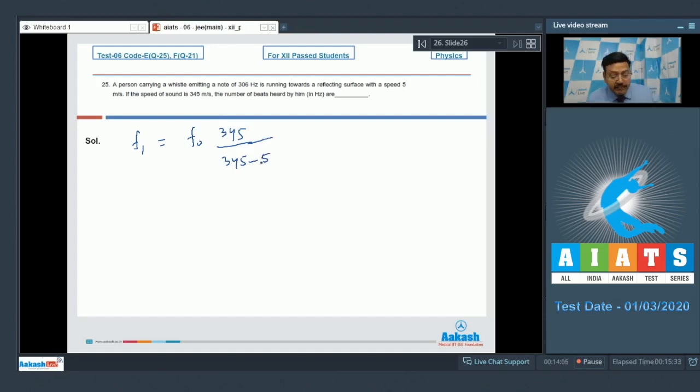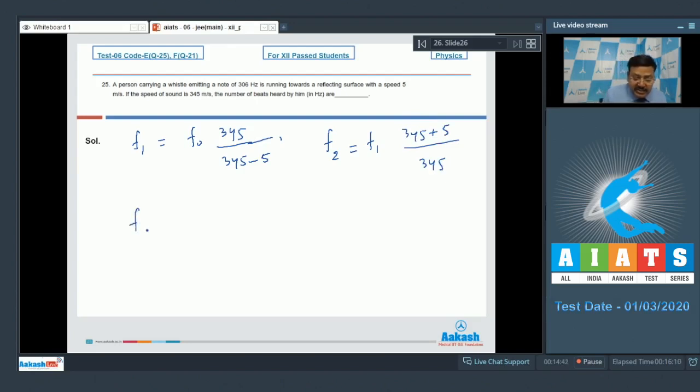So this is the frequency heard by the wall itself, and next the person becomes the observer. This is the frequency that the wall is emitting again, and since the person is moving towards this wall, the frequency he perceives from the wall would be F1 times 345 plus 5, because now he is the observer, divided by 345.